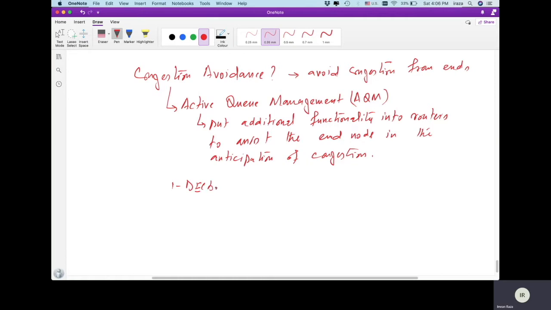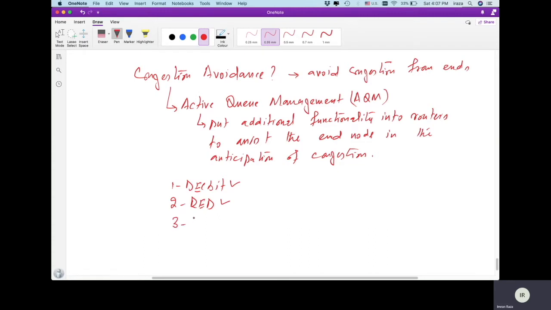The first is DECbit, the second is RED, random early detection. By the way, when you create a node in NS2 in your lab experiments, you always associate a type of queue with the node. Either it's drop tail or it is RED, which is random early detection. We'll talk about DECbit and RED in detail in a minute.